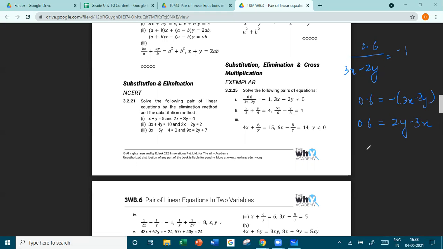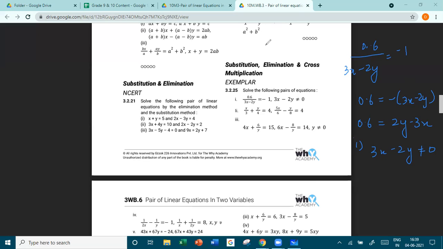Okay, and they have given you your second equation as 3x minus 2y not equal to 0. How can we use this not equal to 0? So basically, this actually is given because you should get some values in terms of, yeah.